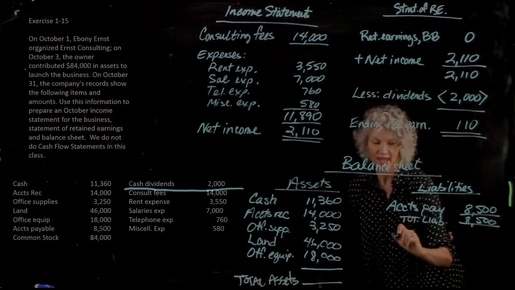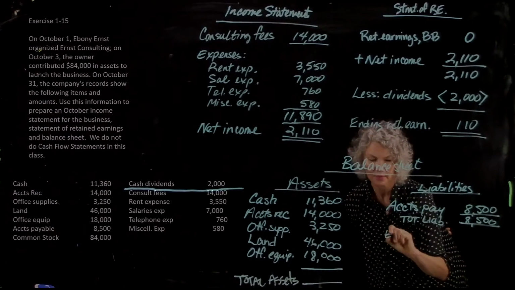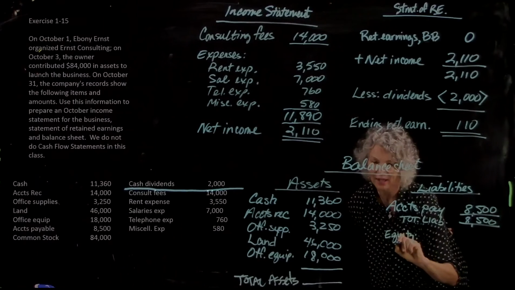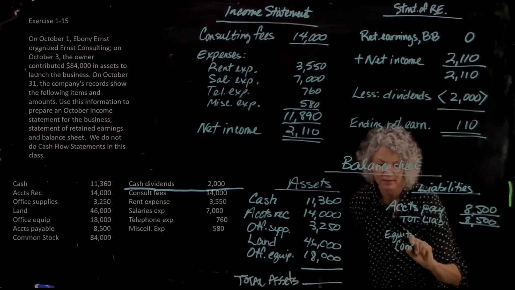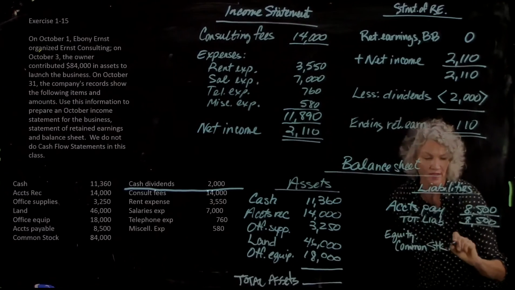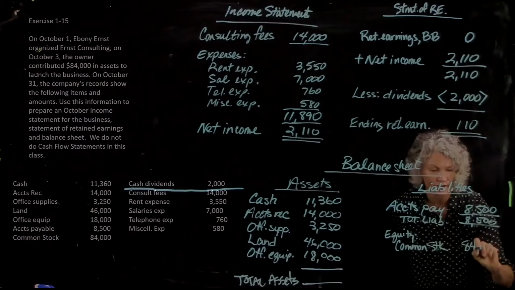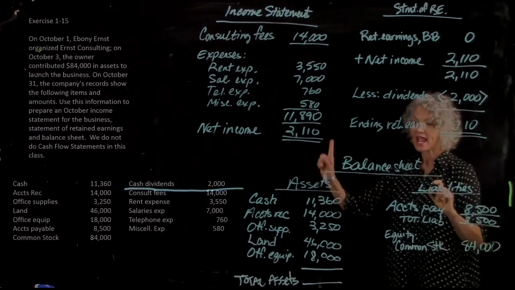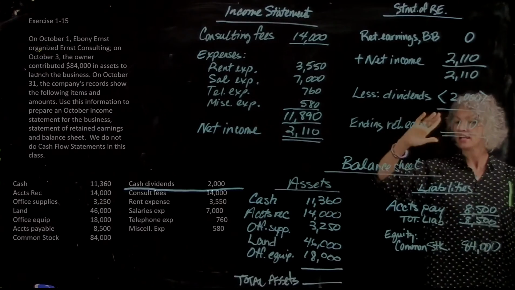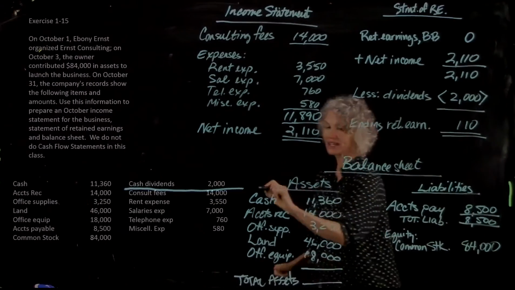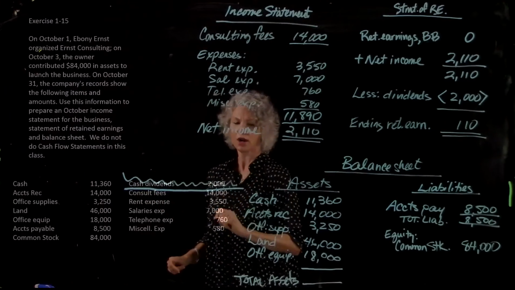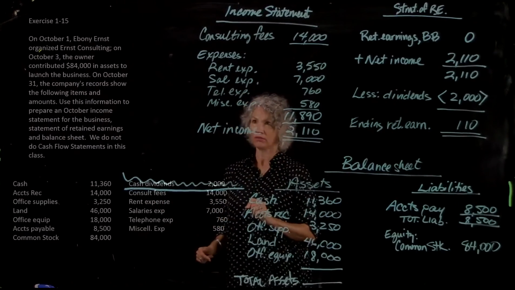Okay, then I've got in equity, I have common stock of that 84,000 they told us the owner started the business with, and I have retained earnings of 110. Now notice that dividends, it ends up not showing up on the balance sheet at all.